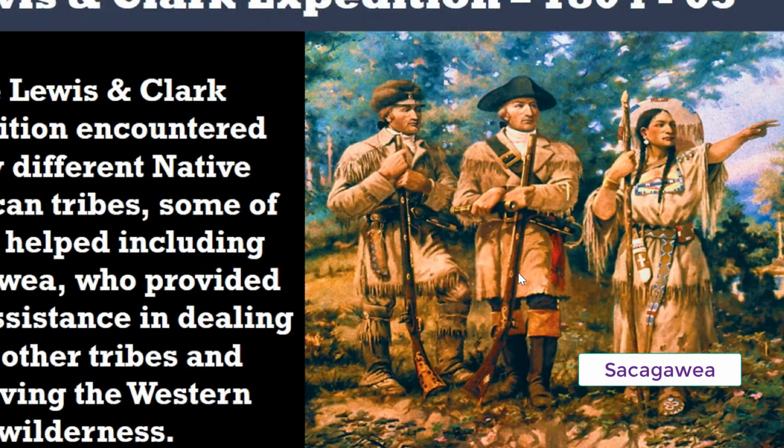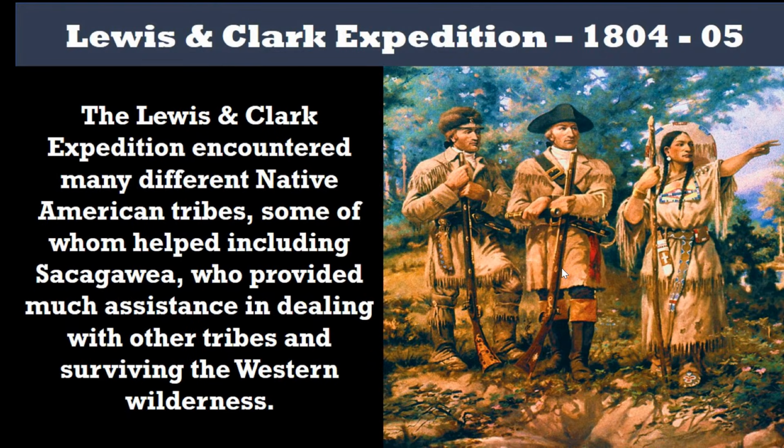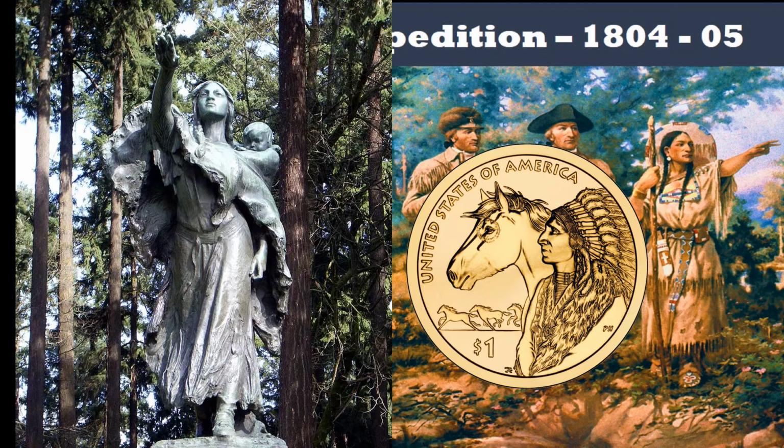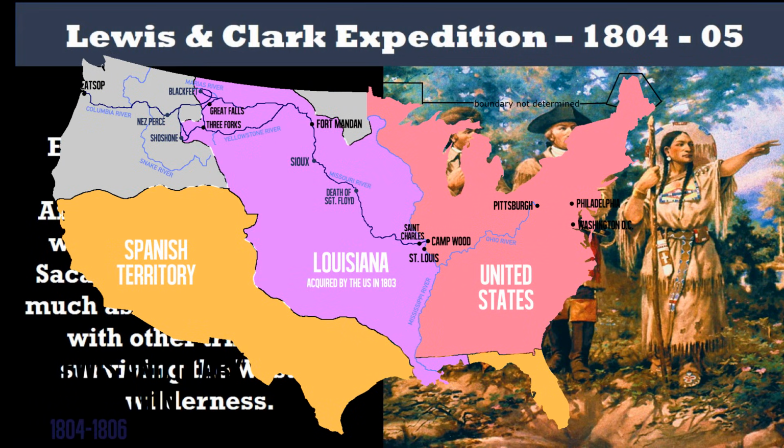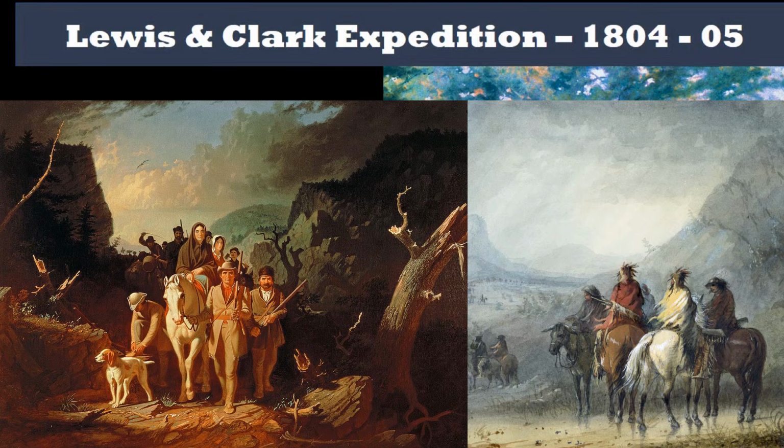Sacagawea provided a lot of assistance in dealing with other tribes and surviving the western wilderness, and has become a historical figure. This expedition provided America with much greater knowledge of what lay to the west, as well as creating great excitement for the settlement of the western United States, which we'll be covering again later this year.